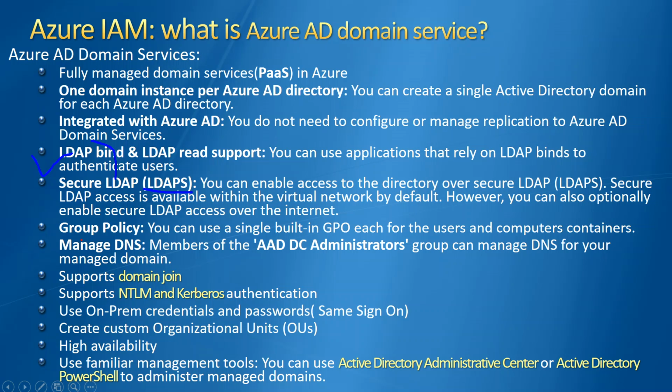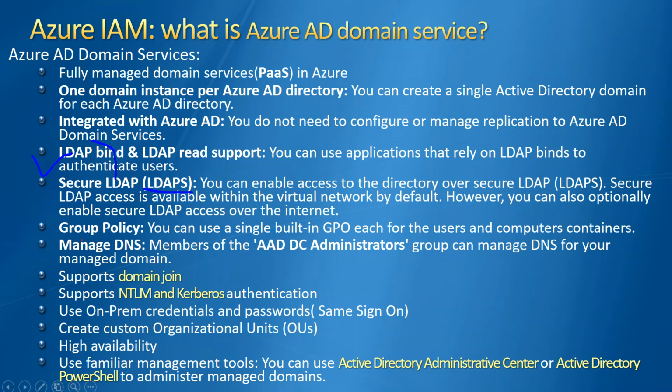You can also manage your DNS. That means that you get a DNS console and you can set up your DNS zones. You can configure your name resolution, and you can configure your forwarding. If you want to create a new record, you can do that. So all those sort of things are also available as part of the managed domain service offering from Microsoft.